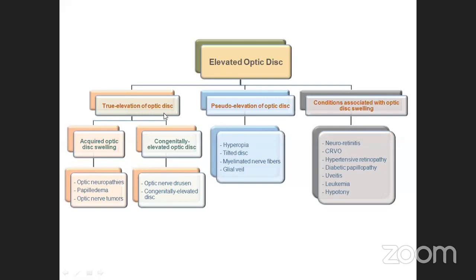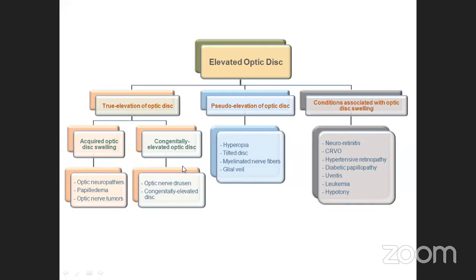True elevation of the optic disc could be acquired or congenitally elevated disc. The acquired conditions of disc swelling include optic neuropathies, such as optic neuritis, ischemic optic neuropathy, sometimes toxic optic neuropathy, compressive optic neuropathy, also papilledema, and optic nerve tumors. The optic nerve tumors could be acquired or also congenital.